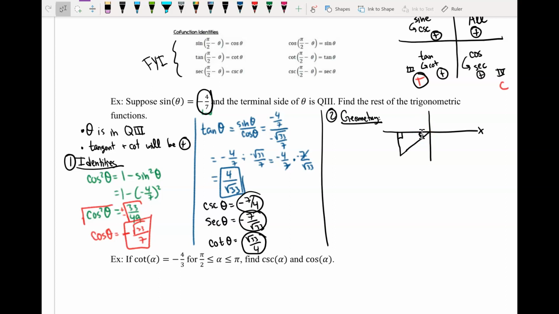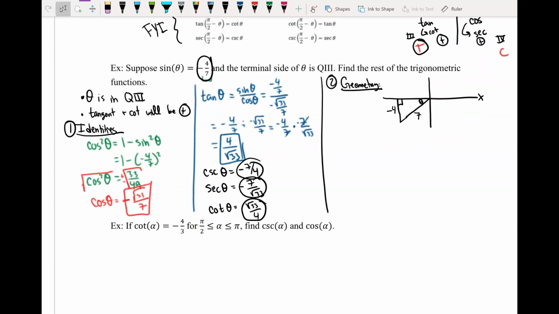Okay. And notice that in this side we got sine of theta equals negative 4 over 7. Now remember that the sine of theta, if you think of right triangle trigonometry, is the opposite over the hypotenuse. So you can see that this guy's going to be the negative 4 over 7. So how do we find this third side? Well, we can just use the Pythagorean theorem.